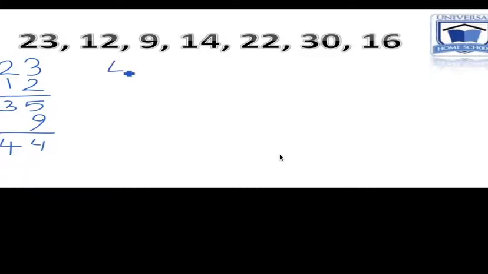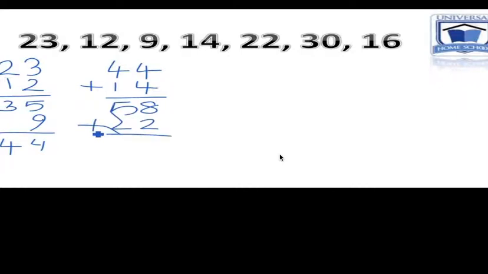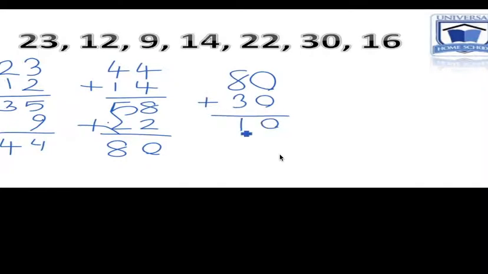And then 44 plus 14, that will equal 58, plus 22, oops, that will equal 80, plus 30, equal 110, plus 16, add 16, that would be 126. So that's all the numbers added together.